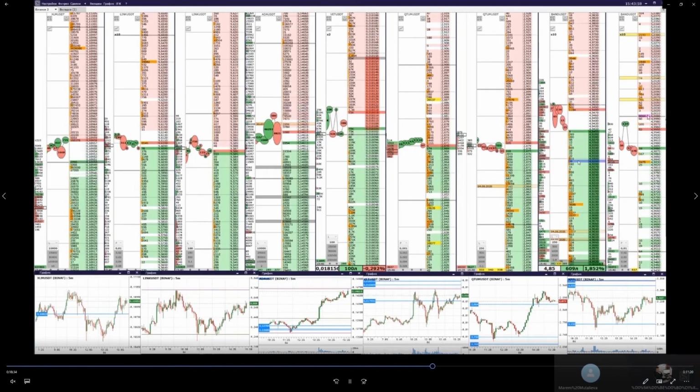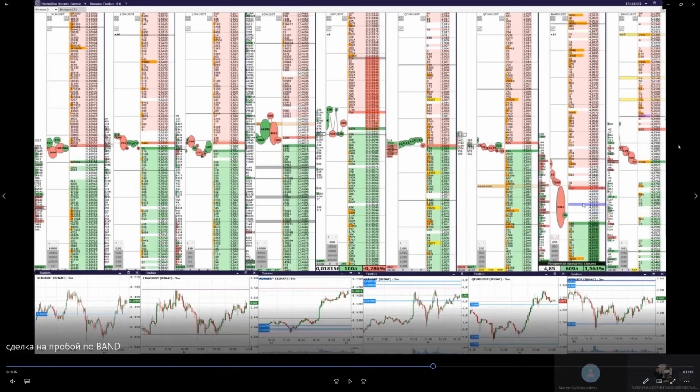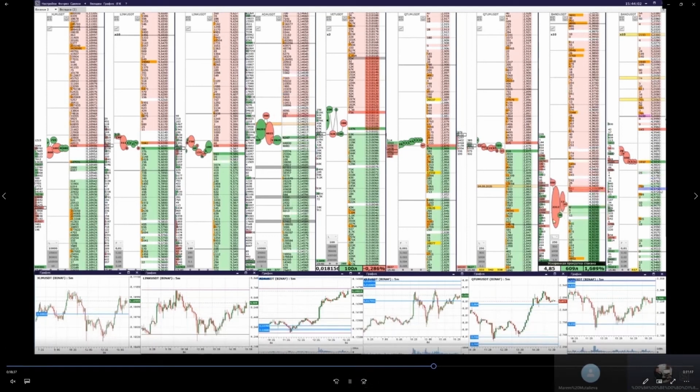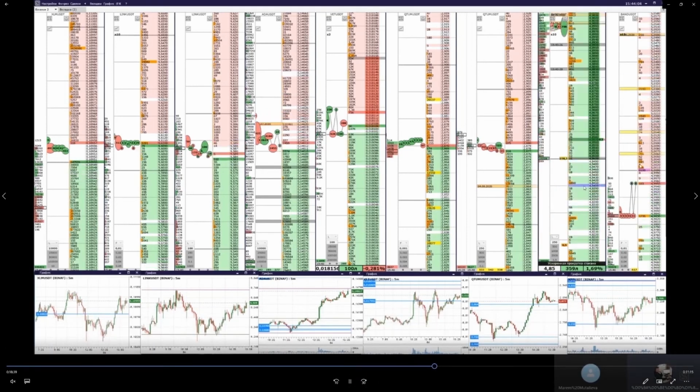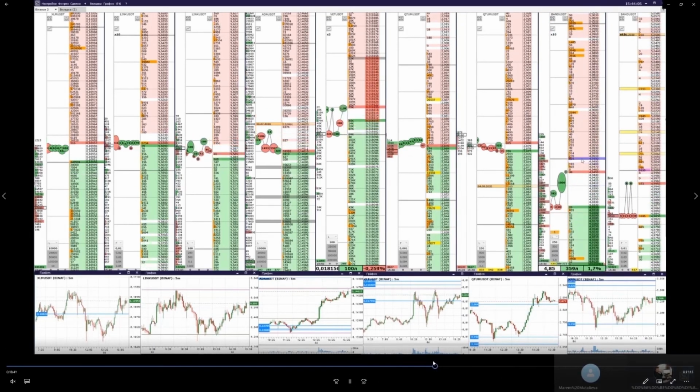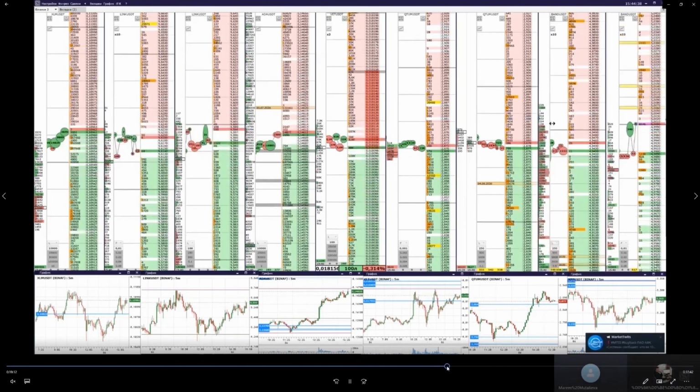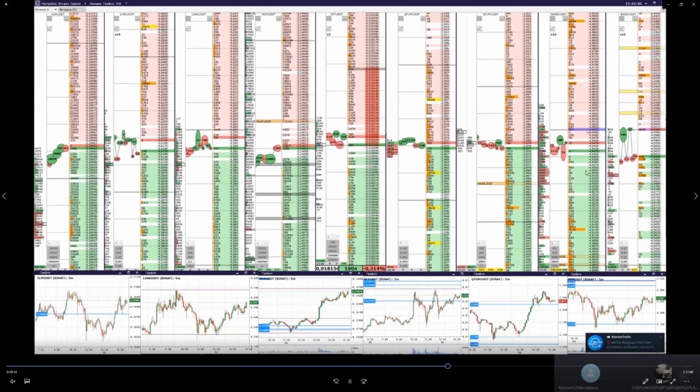You can see the density, and there's no active buying before this density. So I decide to finally close the last part of my volume, and just to end with that trade.